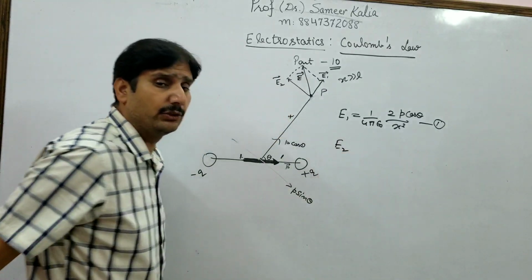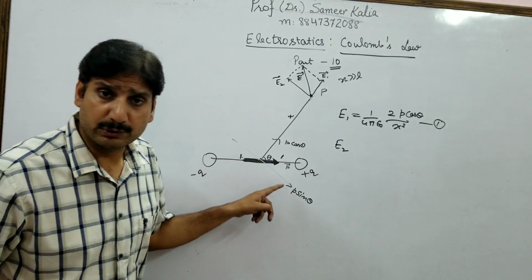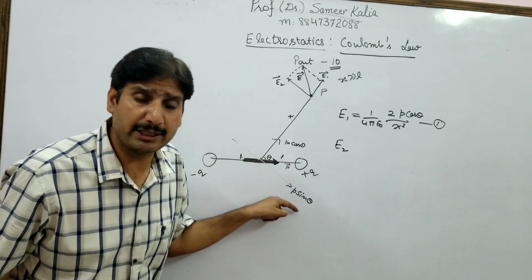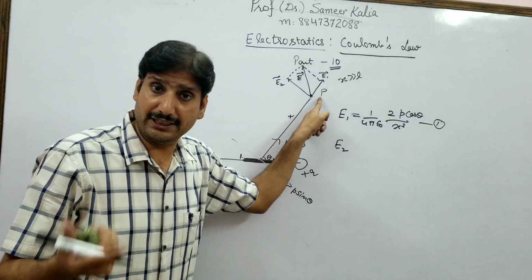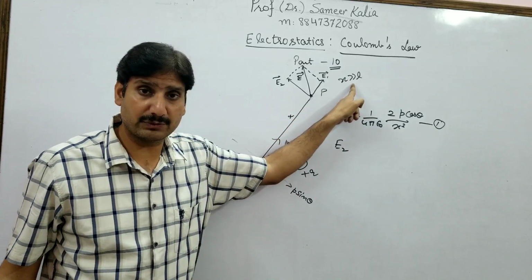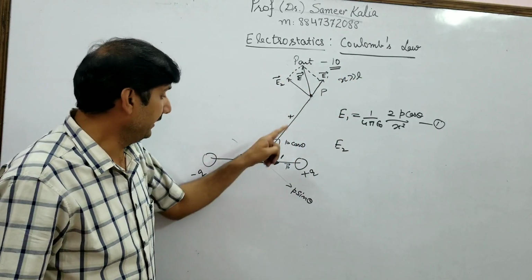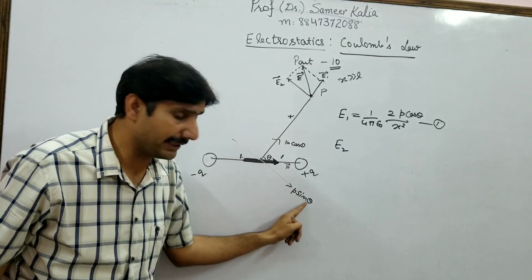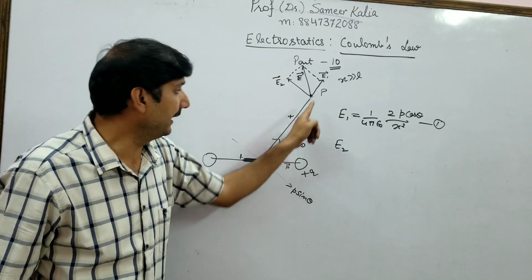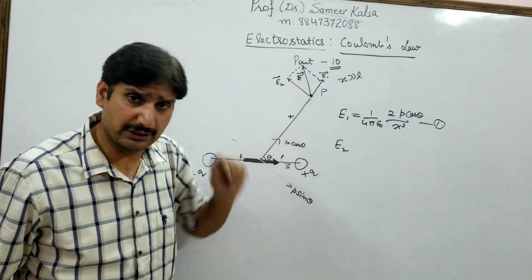Similarly, what about E2? E2 is the electric field due to a dipole having dipole moment p sin theta at a far off point on its equatorial line.